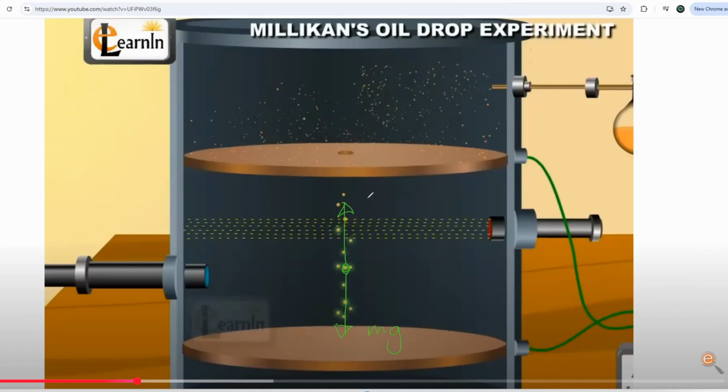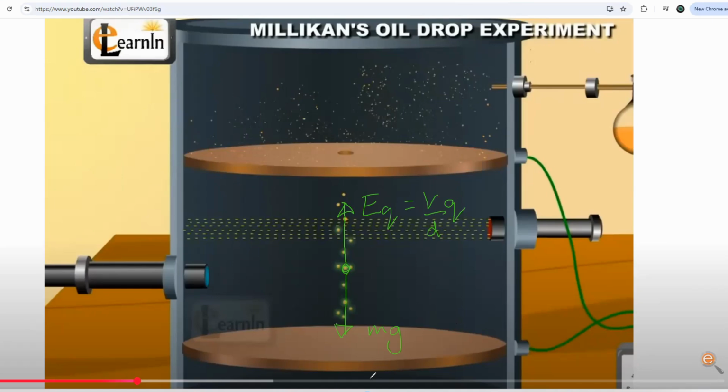The electric force, of course, is EQ, which is also V over d times Q. Again, those two forces are equal but opposite. So you have to measure the speed, and then you have to stop the particle by turning on the voltage so that you can keep the same particle.